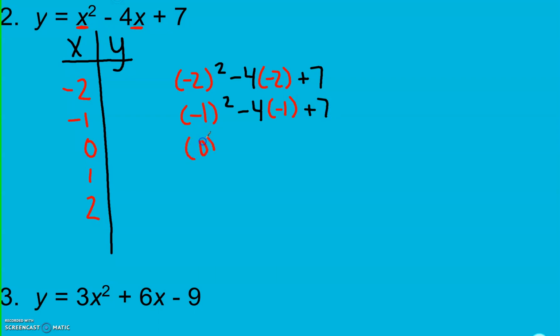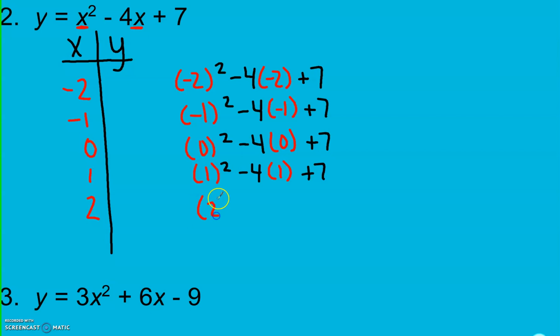I'm going to take my x value of 0 squared minus 4 times my x value plus 7. I'm going to take 1 squared minus 4 times my x value of 1 plus 7.